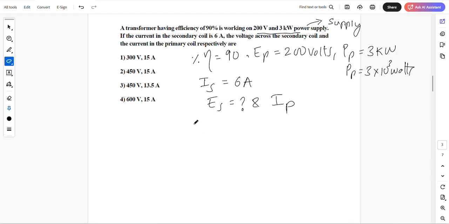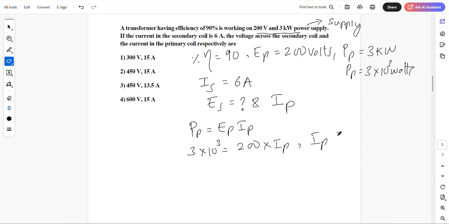How to calculate IP? PP is given. PP is equal to EP into IP. PP, that is the primary power, the input power, is 3 into 10 to the power of 3. EP is 200, into IP, which I do not know. From here you can calculate IP.